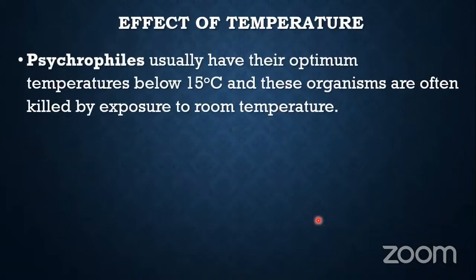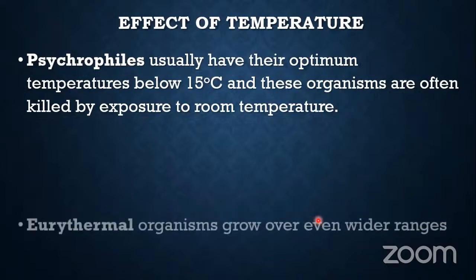We have the saprophytes, which are usually growing at lower temperature. They have the optimum temperature around 15 degrees, and they can often be destroyed when we expose them to room temperature. So the saprophytes are the lowest temperature tolerating organisms.